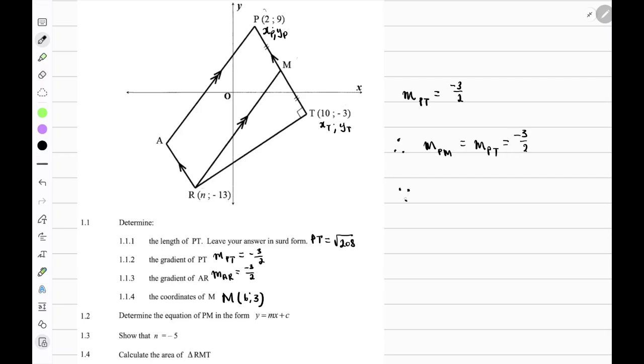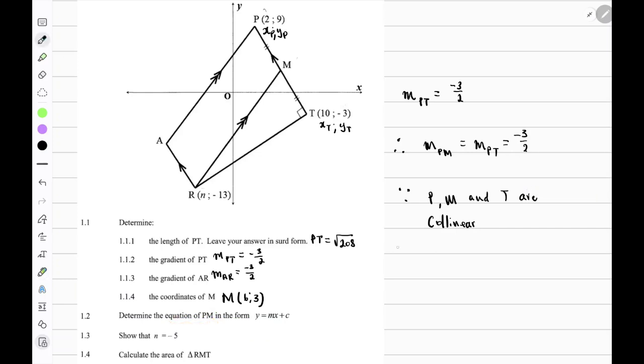And the reason is P, M and T are collinear, and this word is particularly important. If 3 points lie on the same line, we say they are collinear and they share the same gradient, right? So we've already found the gradient of PM to be negative 3 over 2, but they asked us to find the equation.